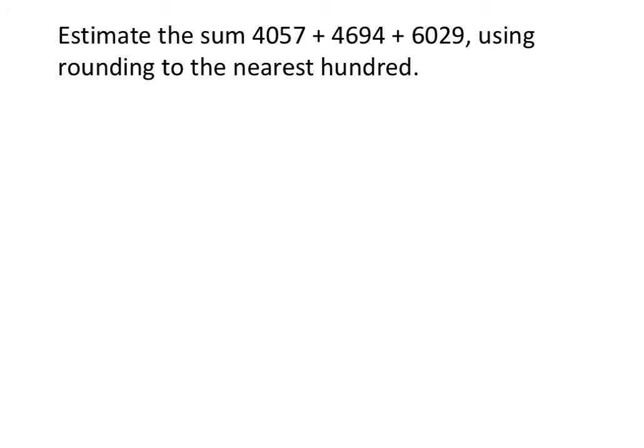Now, if it tells us to round to a specific place value, just like we saw with the rounding section, we may have other digits to the left that do not become zeros. And we may have to add those values as well. We're going to see that in this particular problem. So I'm going to set it up the same way. I got 4,057 here.